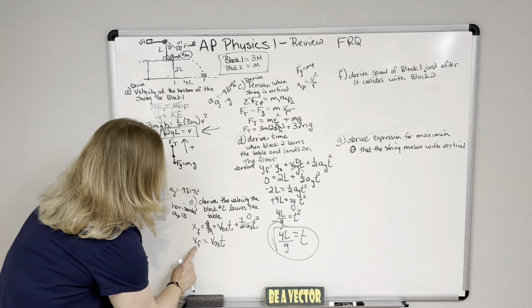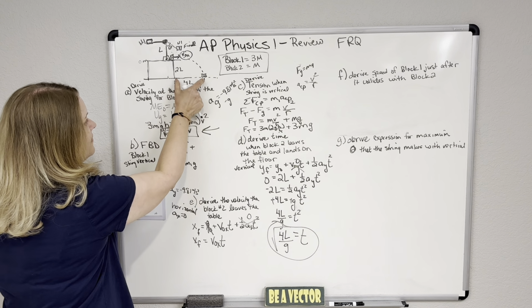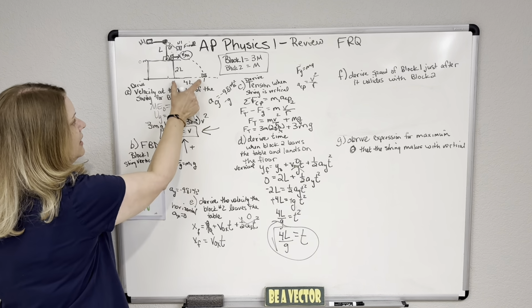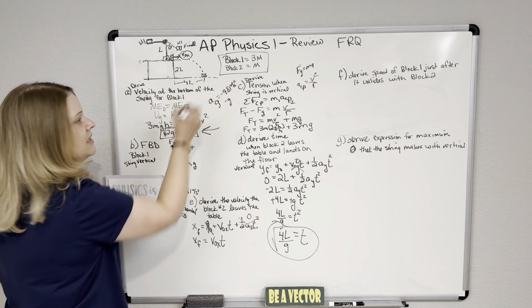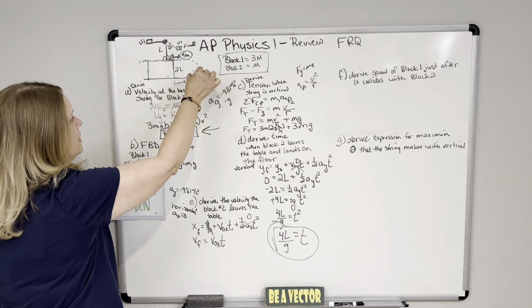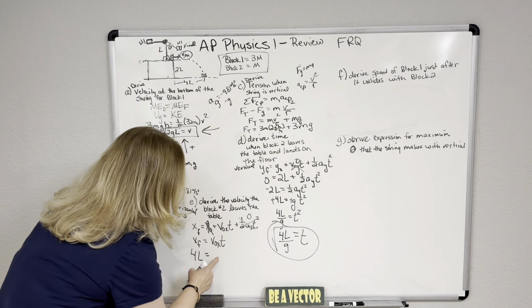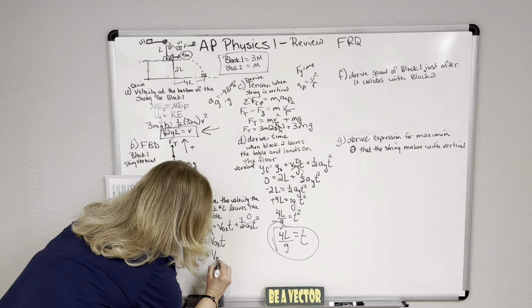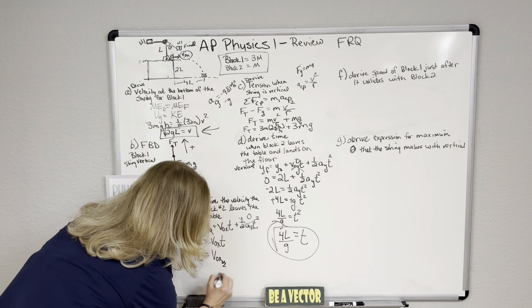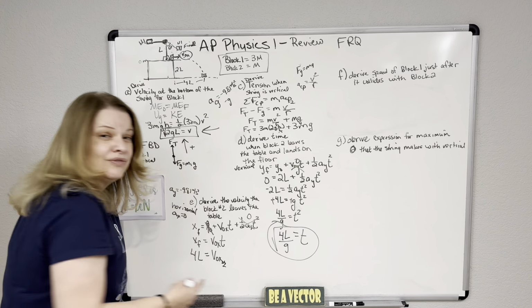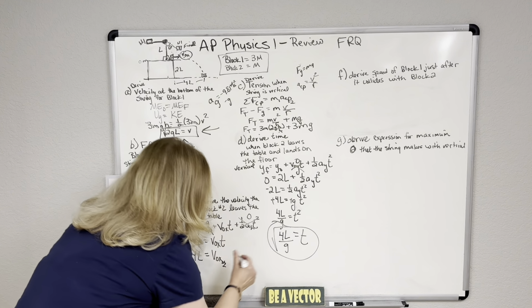Well, we know that it travels. What's its final displacement, x final? It's 4L. They tell us that this length is 4L. This block 2 ends 4L away. So that's going to be 4L. My initial velocity in the x direction for that block number 2 is what they're asking for. And I just found an expression for my time.